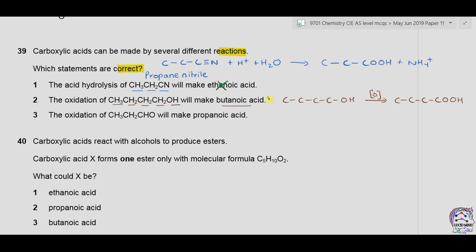So this is true. 3 is the oxidation of an aldehyde to make propanoic acid. As this is a 3-carbon aldehyde, it can be oxidized to form a 3-carbon carboxylic acid. So this statement is also true. As options 2 and 3 are correct, the answer is C.